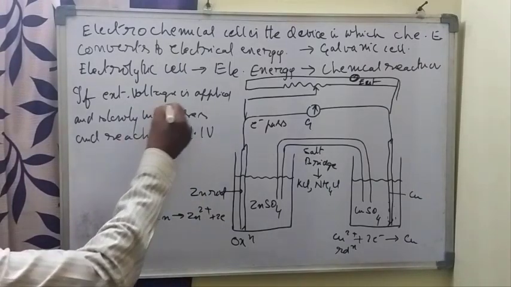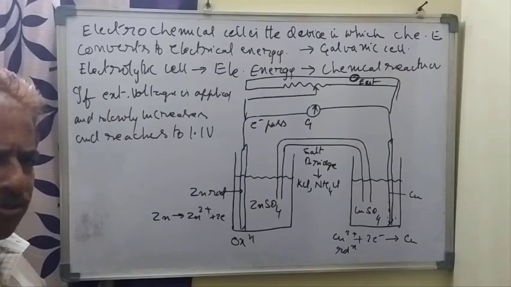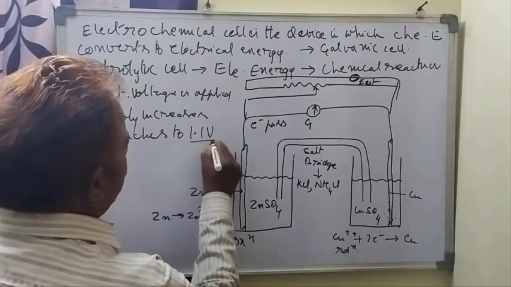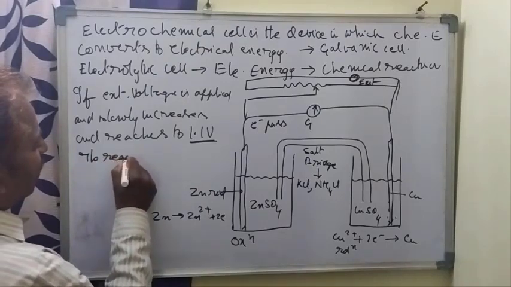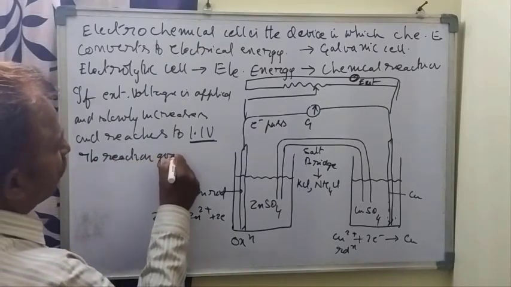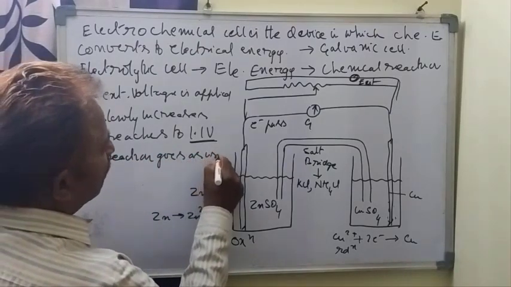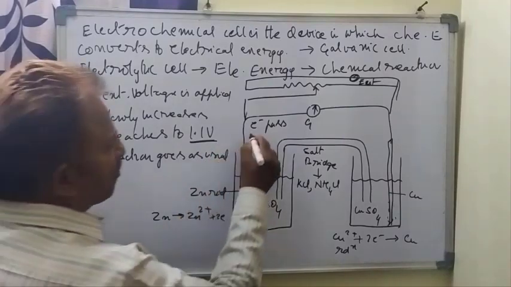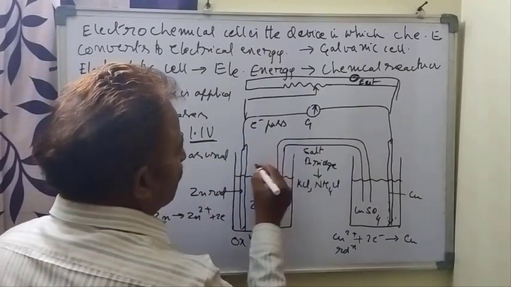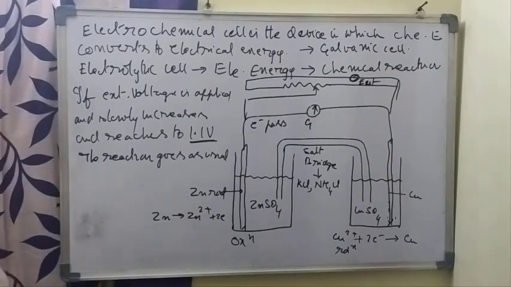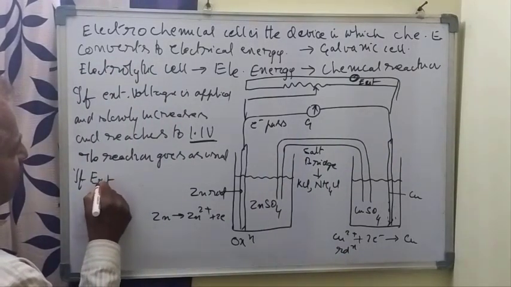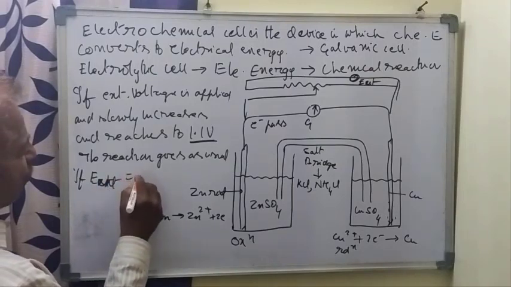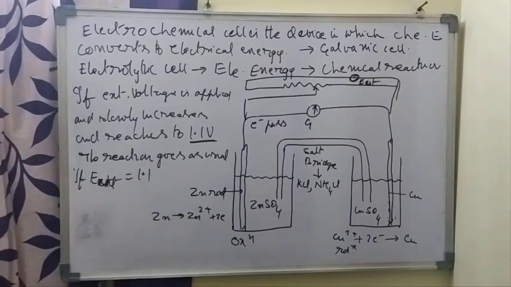So if we increase the external voltage slowly up till it reaches 1.1 volt, the reaction goes as usual, which means passage of electrons takes place from the zinc container to the copper sulfate container. If E external reaches 1.1, then the reaction stops.